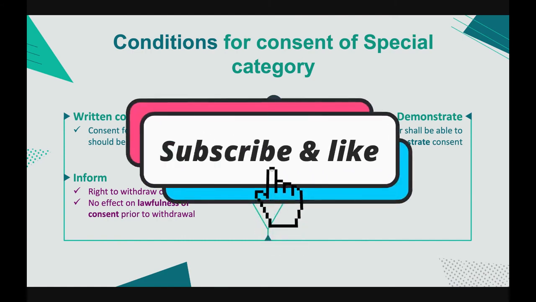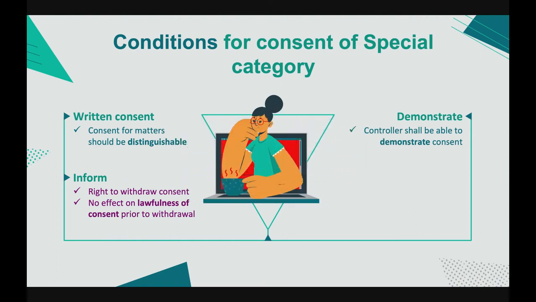The fourth point deals with the consent regarding children. The processing of personal data of a child will be lawful only when the child is at least 16 years old. If the child is below 16 years of age, the processing will be considered lawful only if the consent is authorized by the holder of parental responsibility over the child.